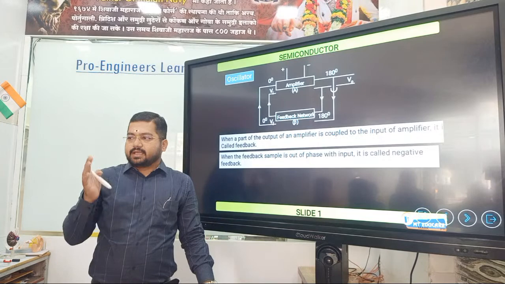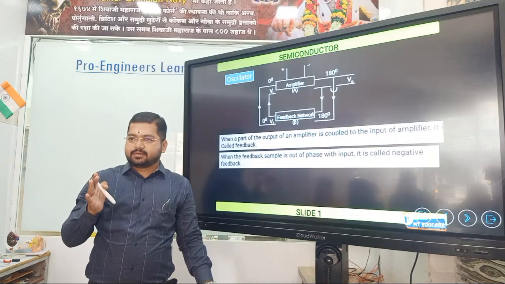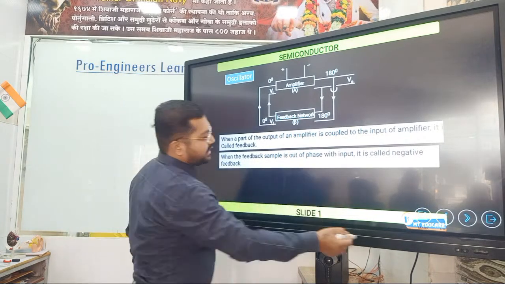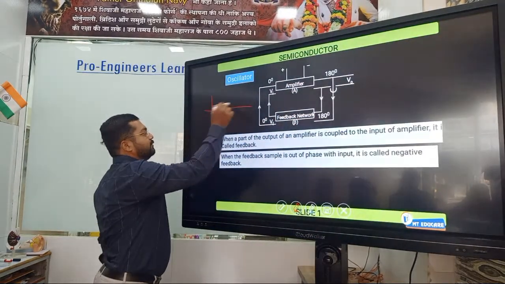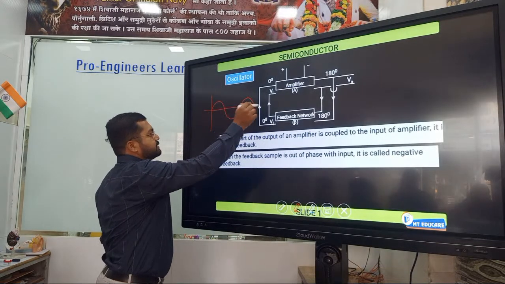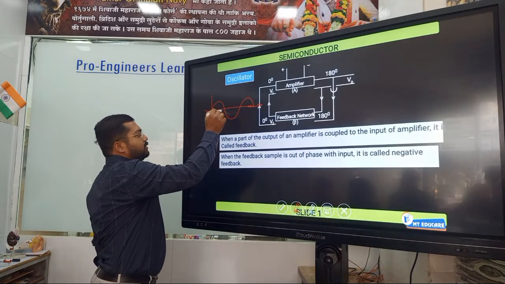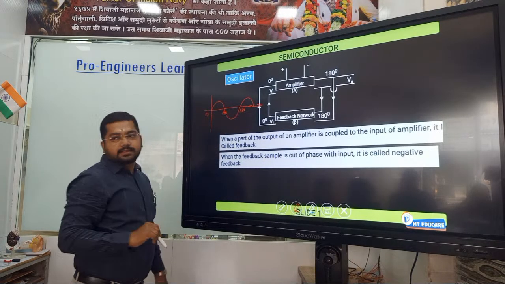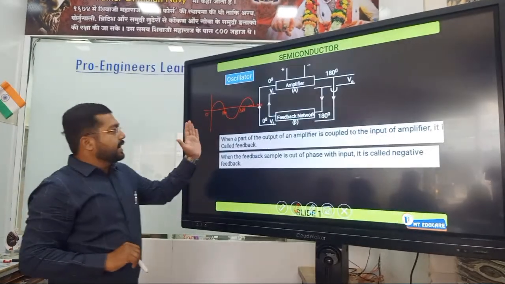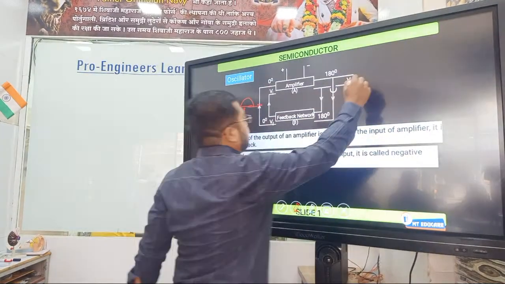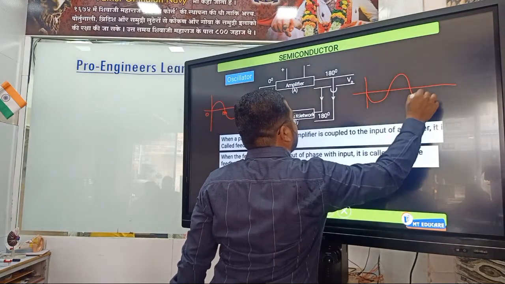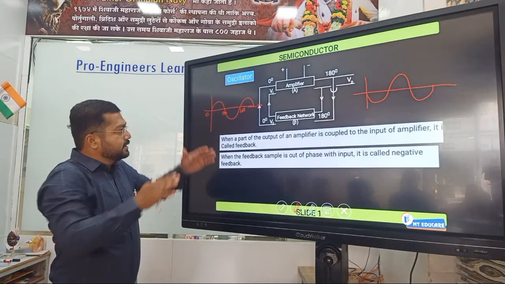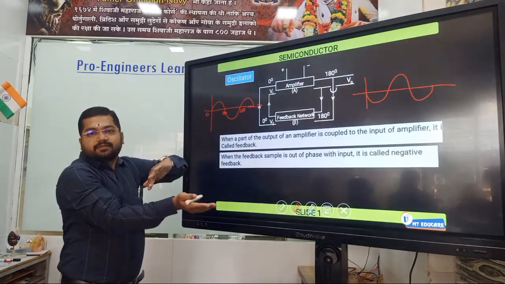Sir, what do you mean by 0 degree and 180 degree? Please explain. We have given a signal like this: 0, 180, 360. And if at the output we are getting a signal like this, it means it is completely opposite, shifted by 180 degree.